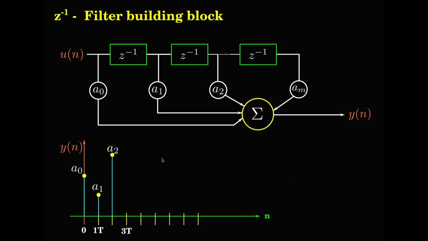And then so on, after m sample times, you will have AM coming to the output. After that, from the (m+1)th sample time, this node is 0, this node is 0, all the nodes are 0 and therefore the output is 0. So after that, you will see that there is no output from the filter.